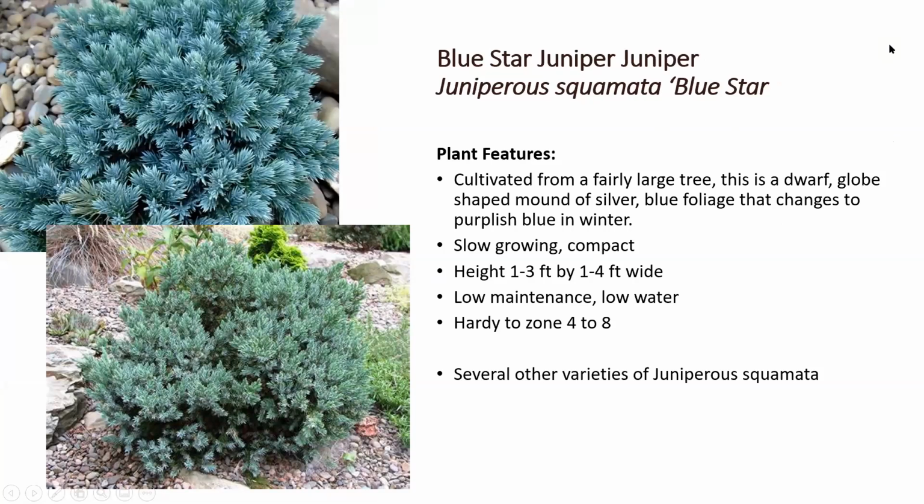Here we have the blue star juniper. It's cultivated from a fairly large tree, and this is a very nice dwarf globe-shaped mound. The foliage is that really nice silver blue, and it changes to a beautiful purplish blue in winter. Another very compact, low-growing option.